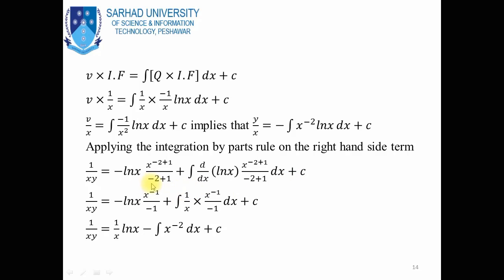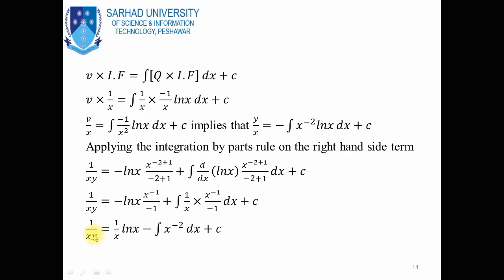So this is equal to minus natural log of x times x power minus 1 divided by minus 1 plus integration of 1 over x multiplied, the derivative of log x being 1 over x, and the integration of x power minus 2 is x power minus 1 divided by minus 1, and this is the dx operator for this whole integration, plus c.